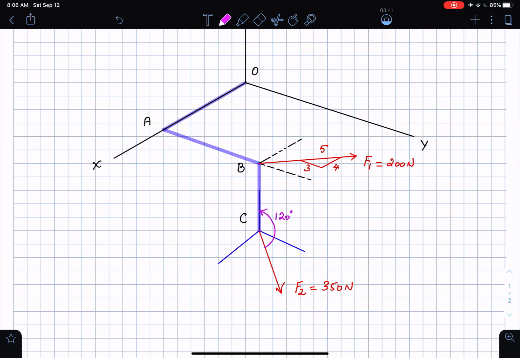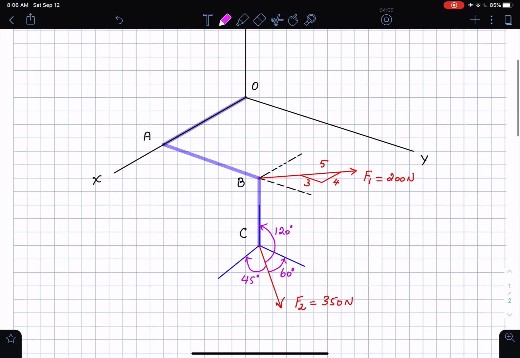Then from the tail to the direction parallel to the y-axis, that angle is given to me as 60 degrees. And in this case, I'm given the third angle, so there is not much for me to do. Otherwise, I can make use of the cos square alpha, beta, and gamma relation to calculate the third angle. So this is given to me as 45 degrees, which tells me that these angles are the coordinate direction angles.